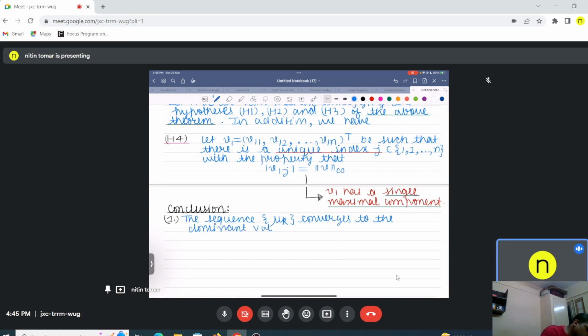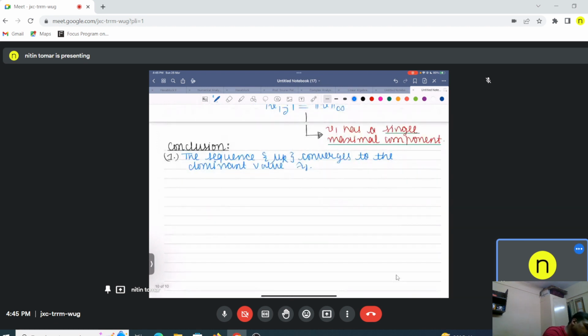This conclusion does not change. But the second conclusion is the sequence of vectors.